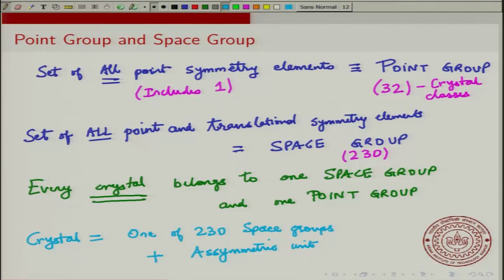That means one of the 230 space groups will tell you what are the symmetries, and then you tell what is the asymmetric unit, then you can exactly identify the crystal. This is a different way of looking at the crystal as opposed to a lattice and a basis, and this clearly tells what are the symmetries of the crystal.